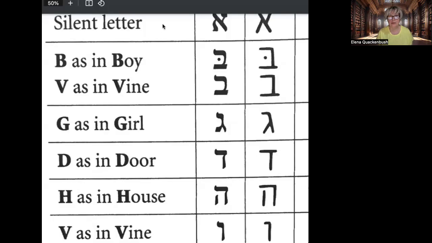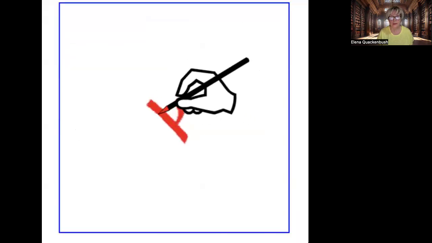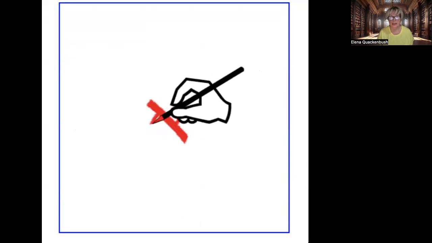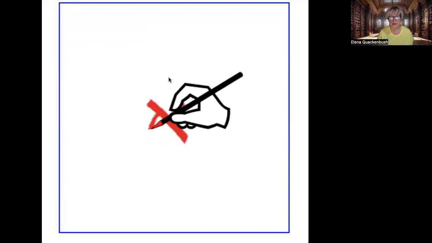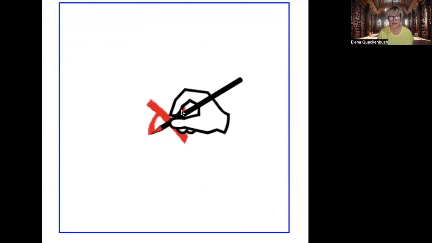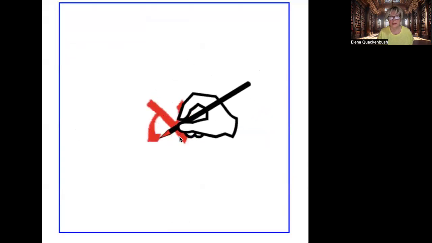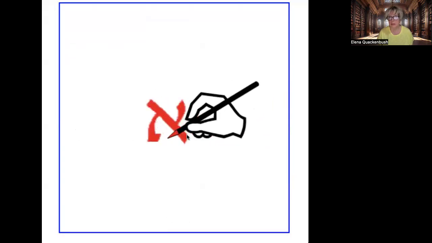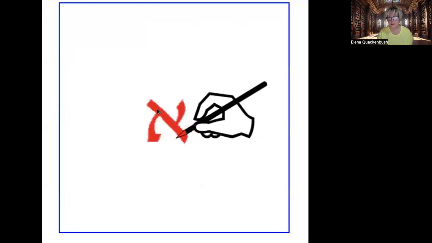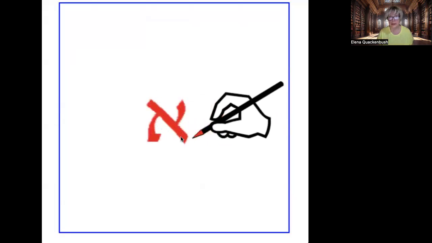Okay. So the first letter is Aleph, which is silent. That means that it doesn't have a sound of its own. Okay, that is Aleph. And how do we write it? Please notice that the top line is connected with the bottom line of the first one.